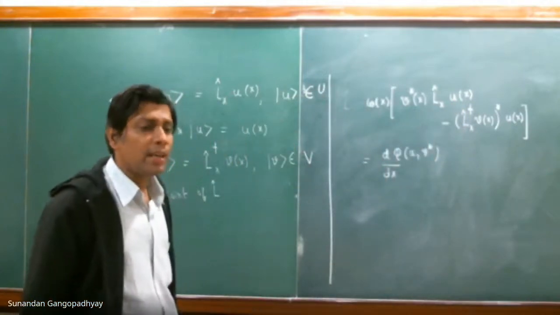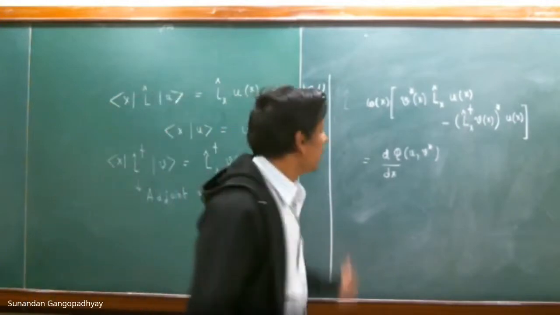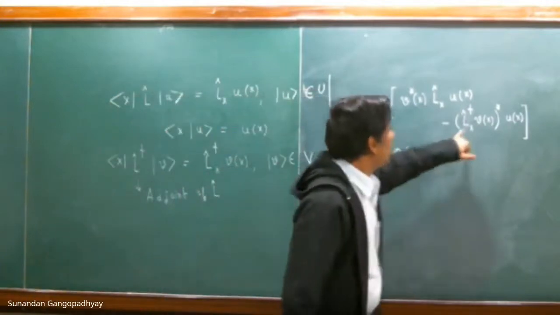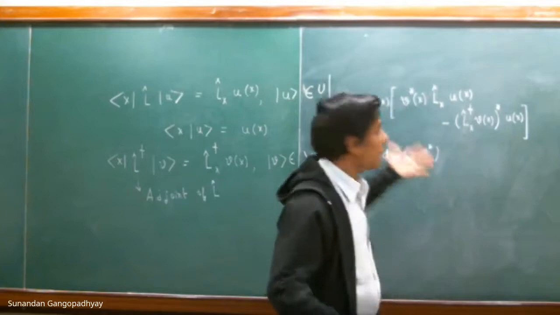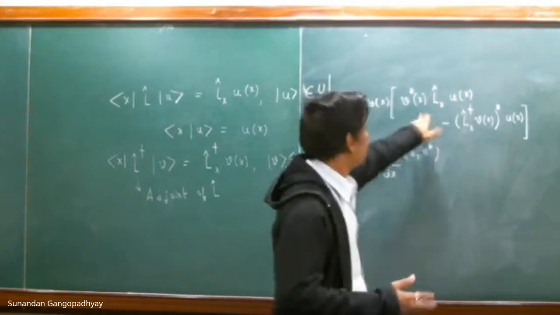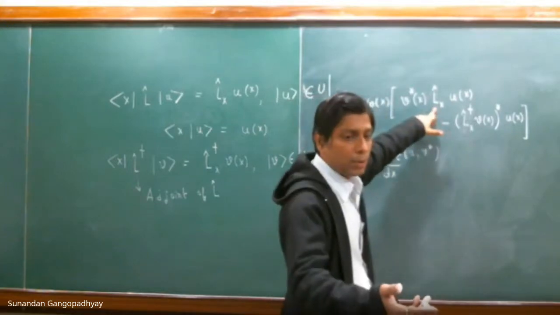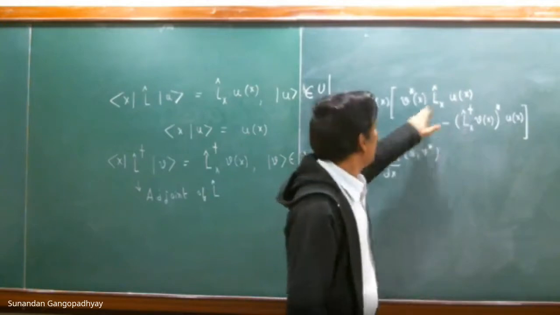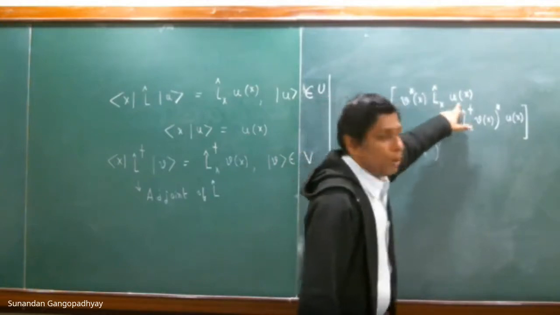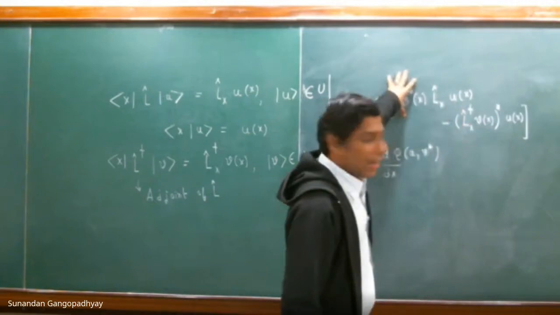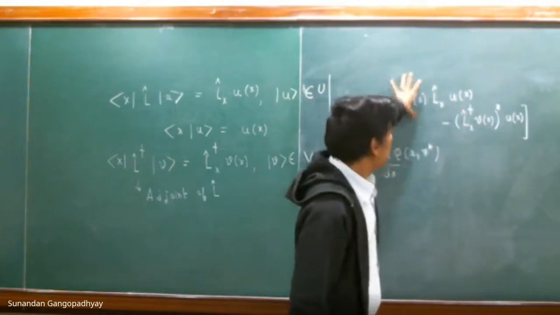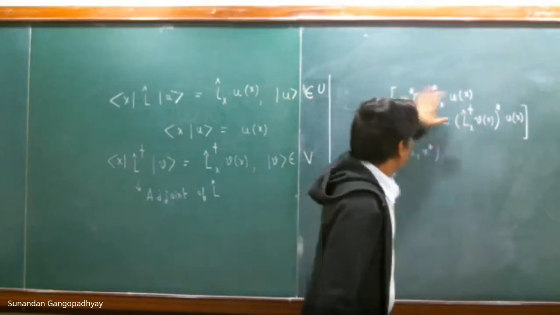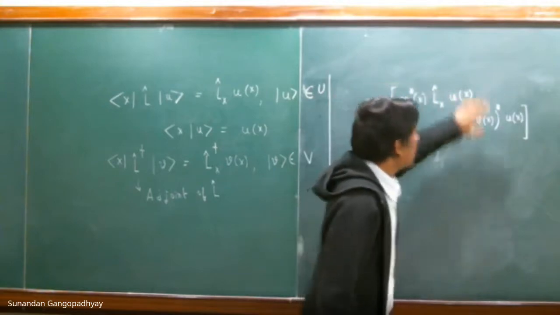The question is, given a differential operator, how can you cast it? So if I give you a differential operator, for example d/dx, and it acts on u of x, it acts on v star, and v star x is on the left hand side, then can you get a relation of this form?